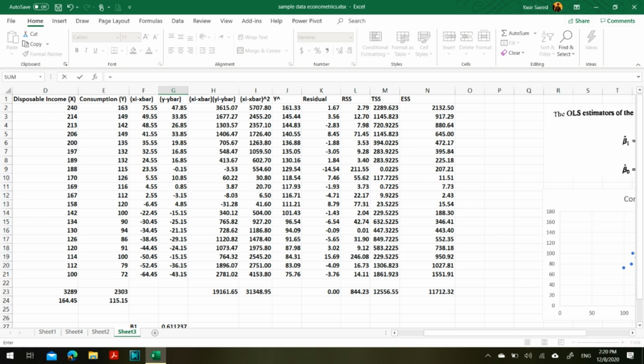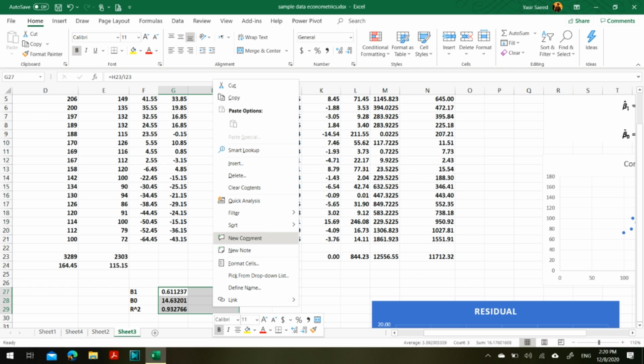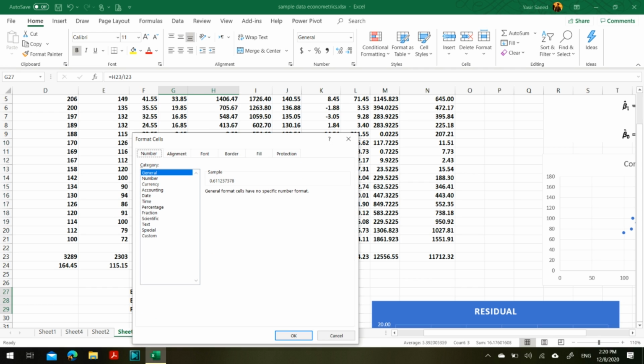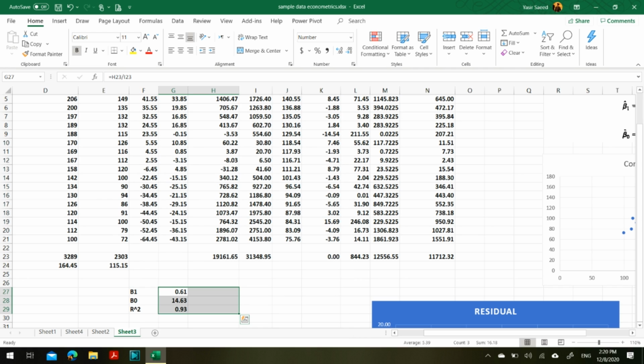So here we have explained sum of square divided by the total sum of square, and the value is 0.932766, or in short 0.93. Again, let's format it up to 2 decimal spaces. So the r square is 0.93.